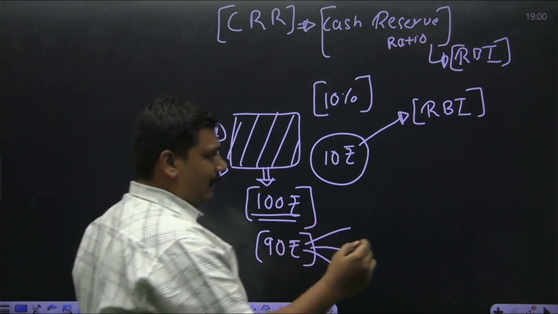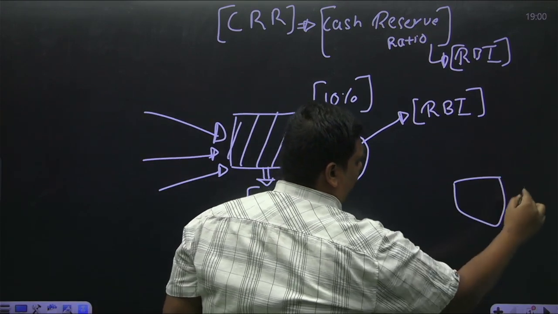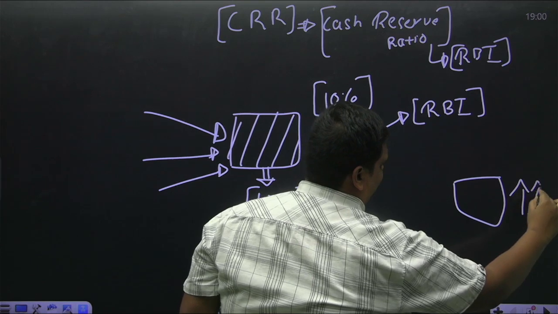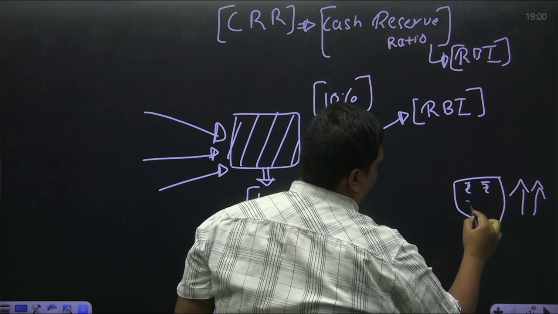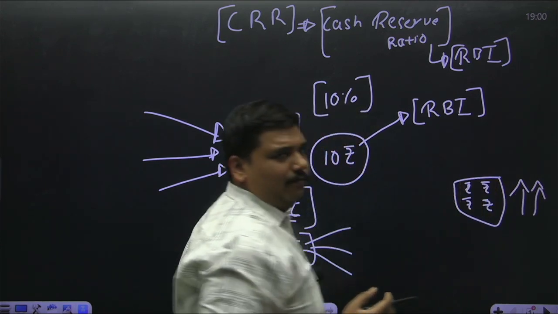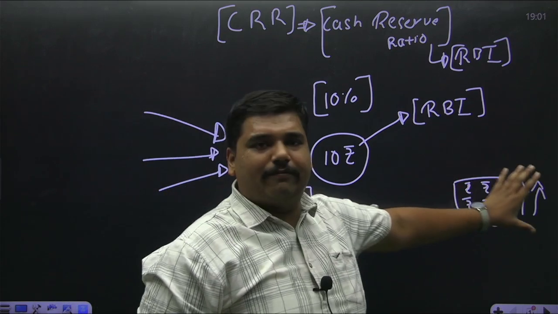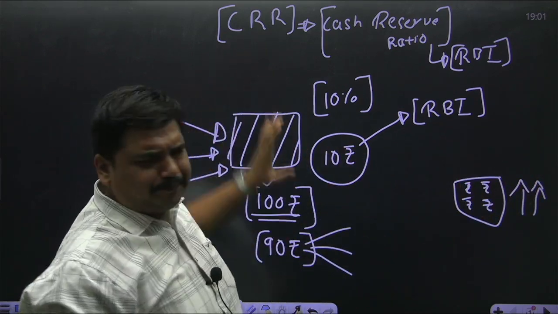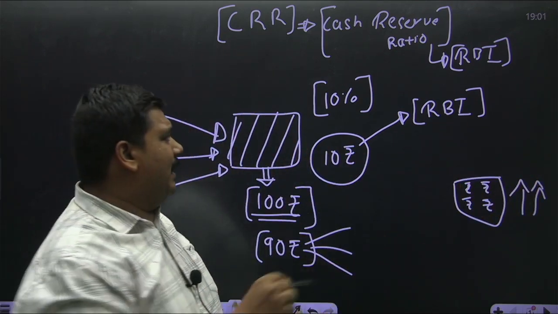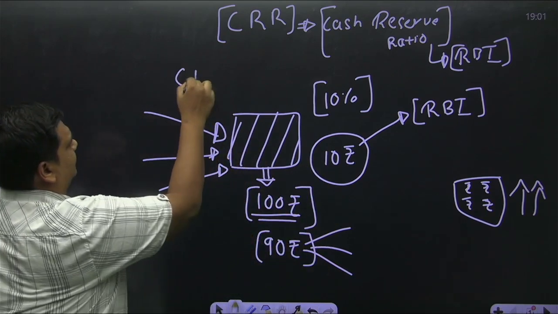Let's say, for example, the economy is in a highly inflated state. That means the population is having a lot of money in hand. So if there is a situation of inflation, the RBI will increase the CRR.